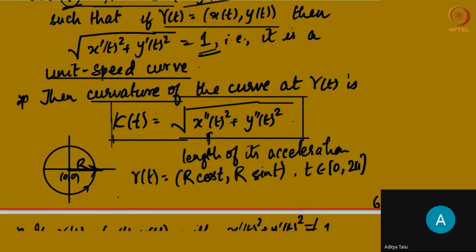So gamma dot of t, or d gamma by dt, would be minus r sin t, r cos t. Now what should we do?